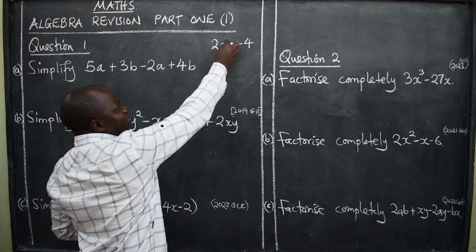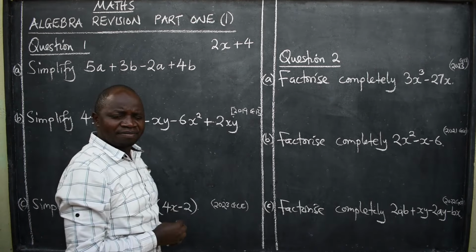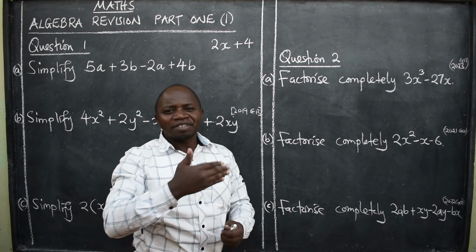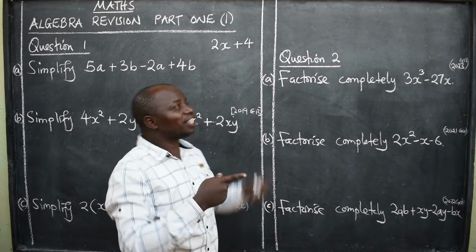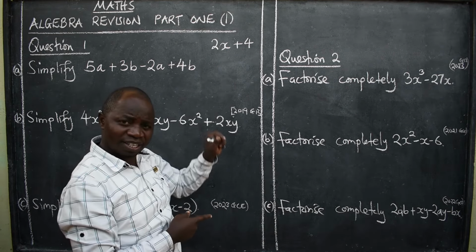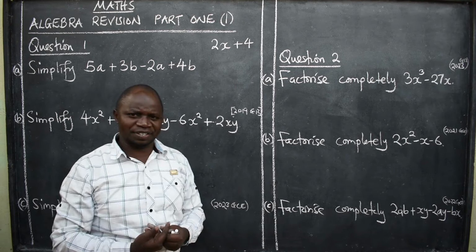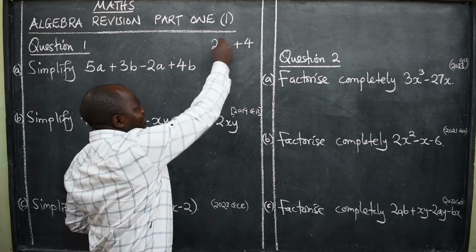One, we have x. Have you seen that? So we are saying algebra is part of mathematics in which letters are used to represent numbers and quantities. So we have letters here.